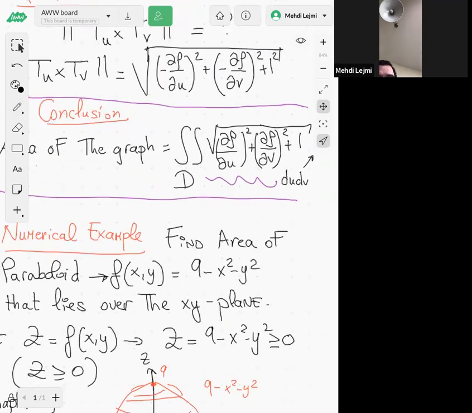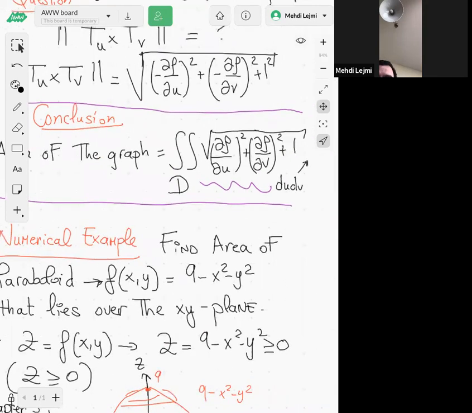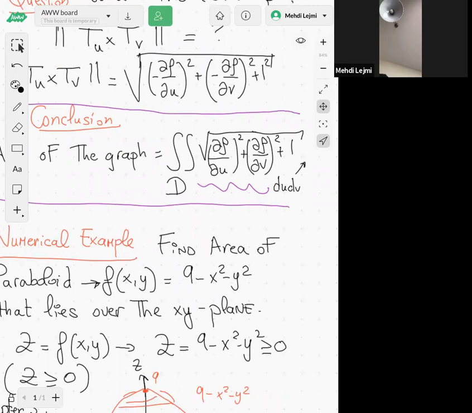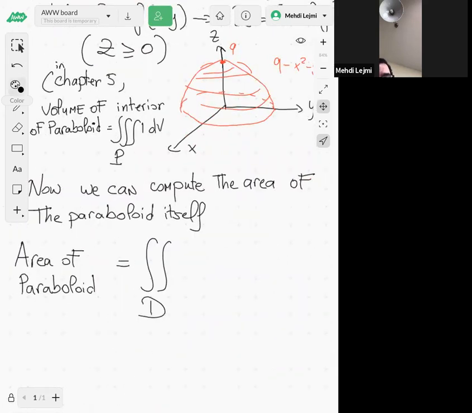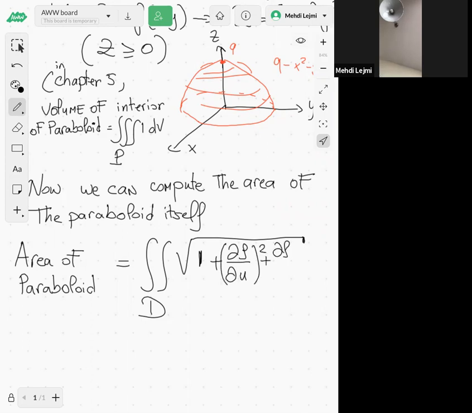So the area of the graph in this case is the double integral of the square root of 1 plus the square of the derivative of f with respect to u plus the square of the derivative of f with respect to v, du dv.